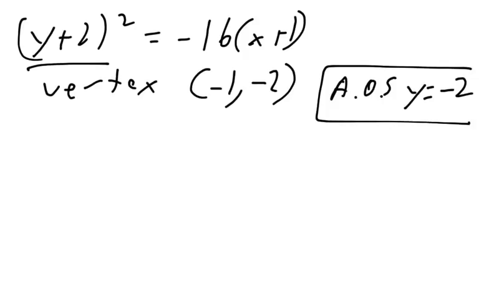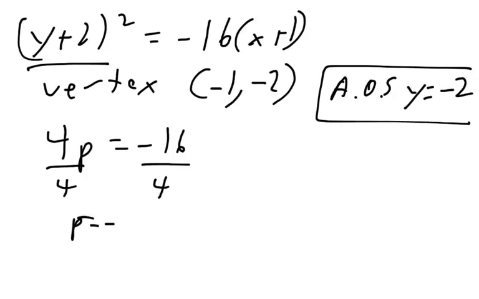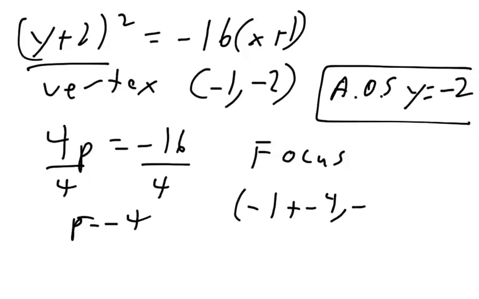For the next part, we need to find out what p is. So 4p equals -16. Divide both sides by 4, and p equals -4. So to find the focus, we have -1 plus -4 comma -2, which equals -5, -2.